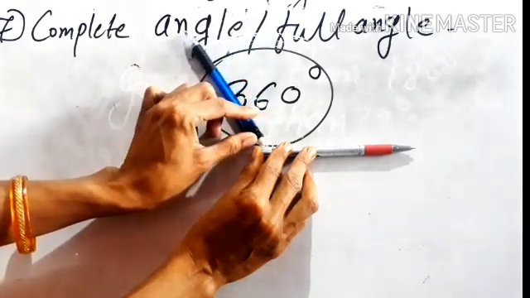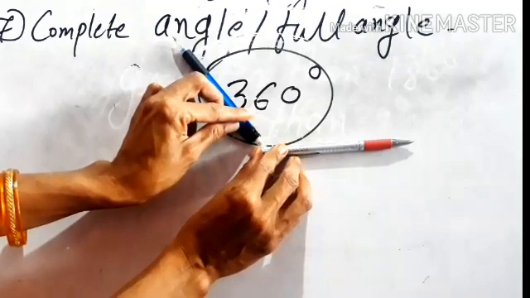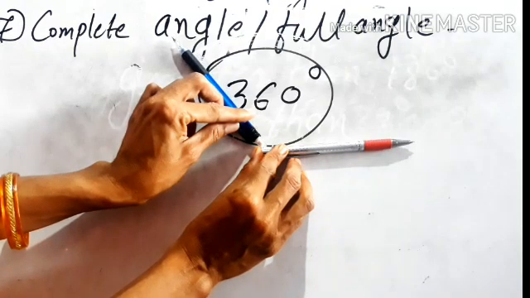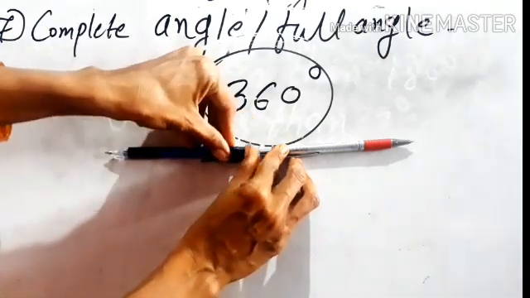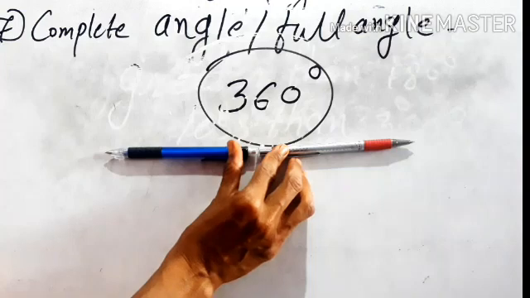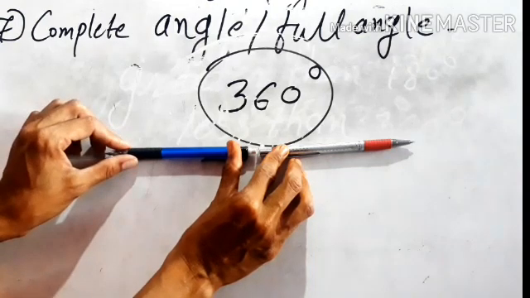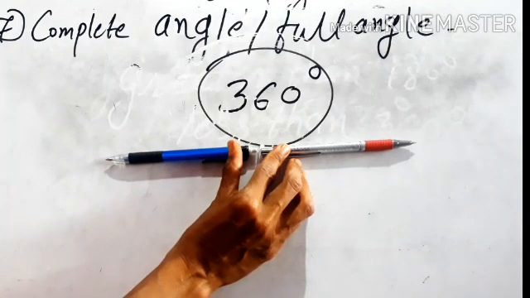Then if I go this way, this is an obtuse angle, which is greater than 90 degree but less than 180 degree. If I come towards this in a straight line, this is a straight angle, whose measure is 180 degree.